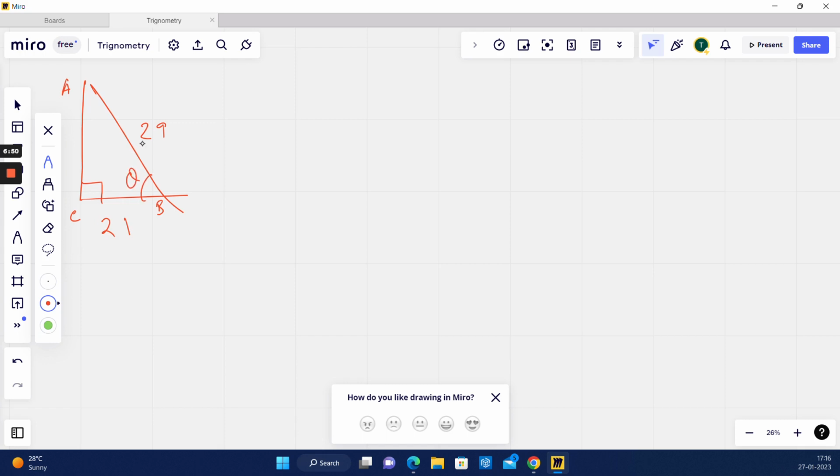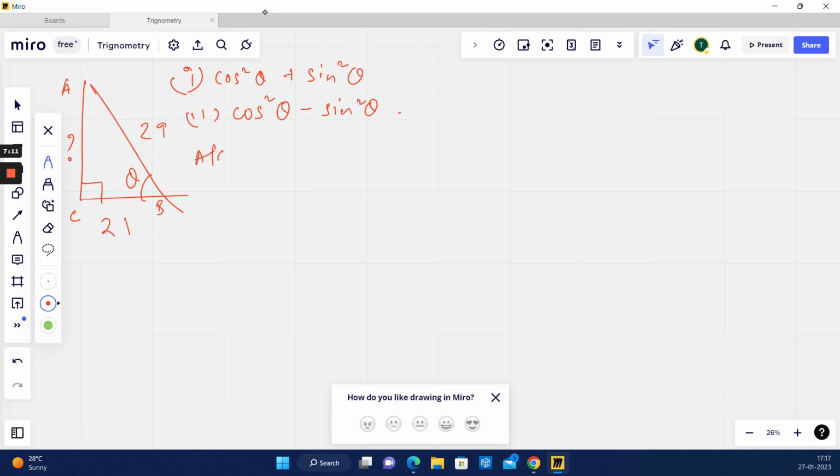Then we need to determine the value of, first question, cos square theta plus sin square theta, and second question, cos square theta minus sin square theta. Very simple. First, we'll use Pythagoras theorem to identify the third side, right?